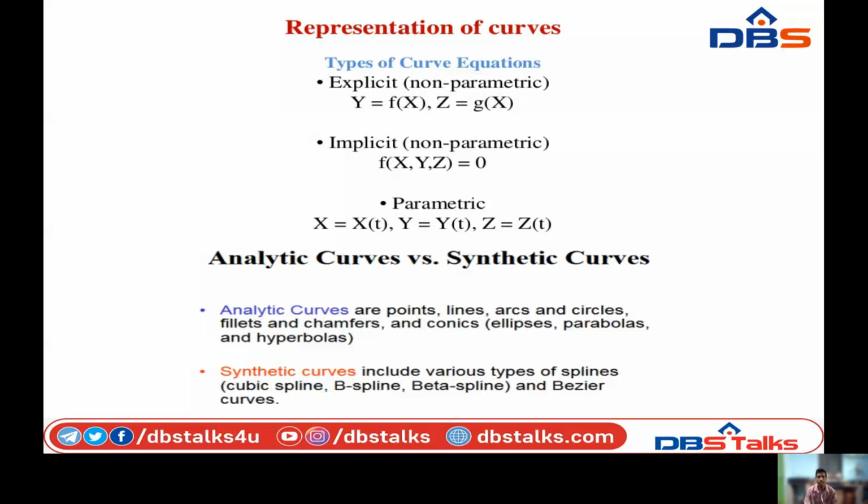Okay, that is related to the non-parametric equation, y equal to f of x and z equal to z of x. In implicit form, that is also one type of classification in non-parametric equation, but here we are combining all coordinate points, that means x, y, z, three directions, f of x, y, z equal to zero. That is the difference between explicit and implicit curve representations.